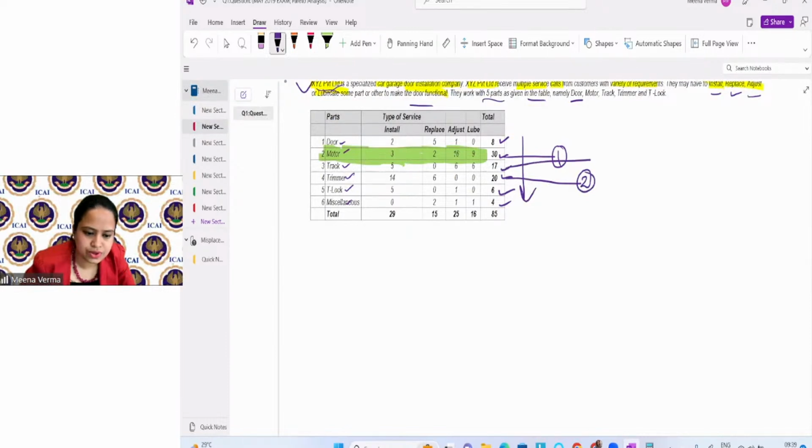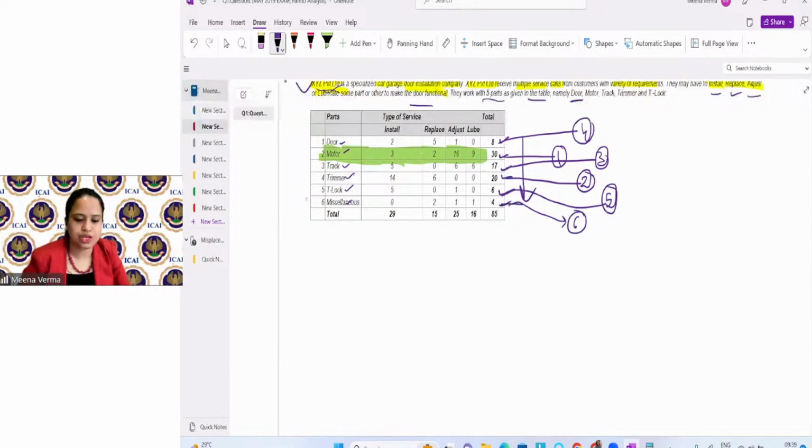Then the third highest, the fourth highest, the fifth highest, and the sixth highest. So based on the amount, we have to arrange them in descending order for Pareto analysis.